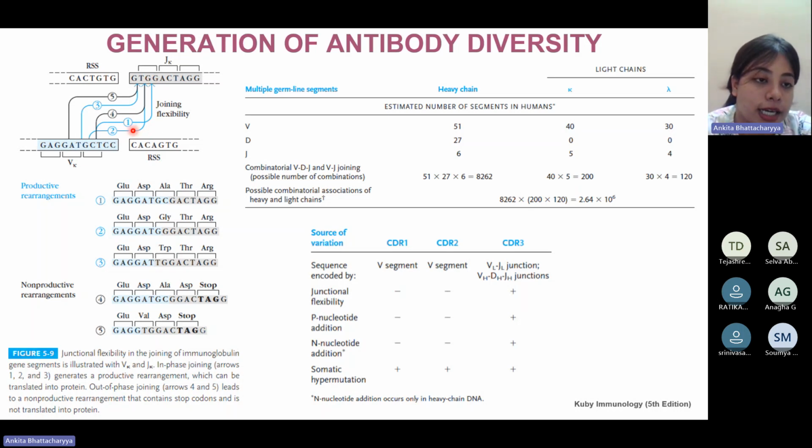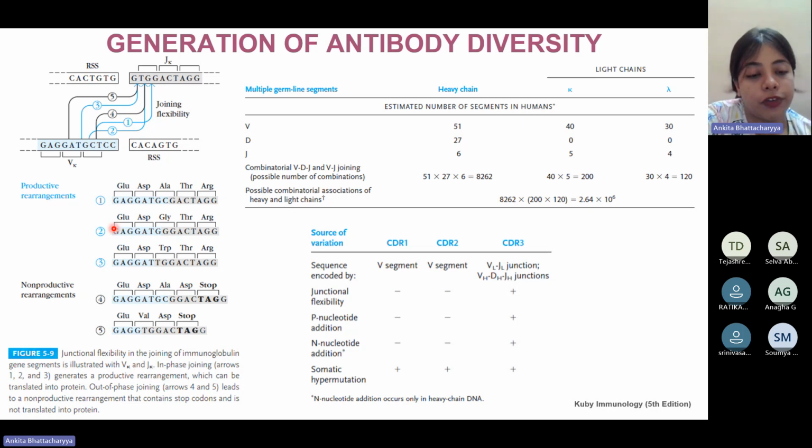As a result of this VJ joining, glutamate and aspartate will connect with some base which is present as part of the J subunit, leading to formation of threonine and arginine amino acid residues. So this is an in-frame insertion or in-frame recombination, which is why it is considered a productive rearrangement.